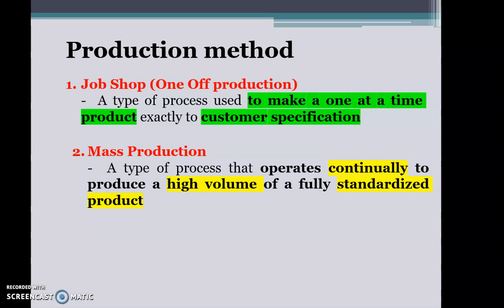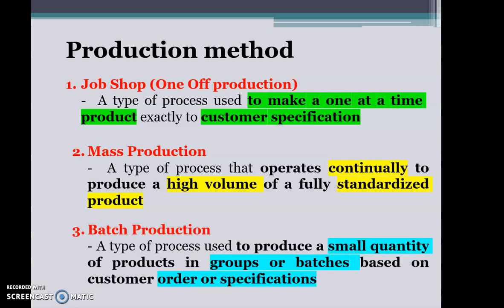The job shop is the opposite of mass production. The keyword for the job shop is one at a time and for mass it is high volume. For the product, the job shop is based on customer specification, but mass is a fully standardized product.